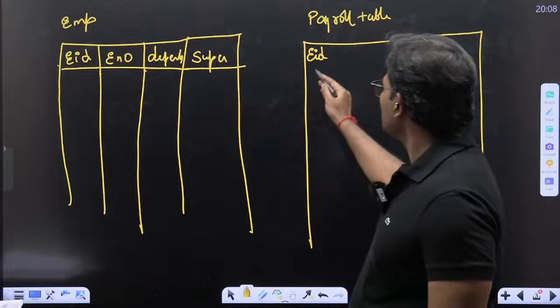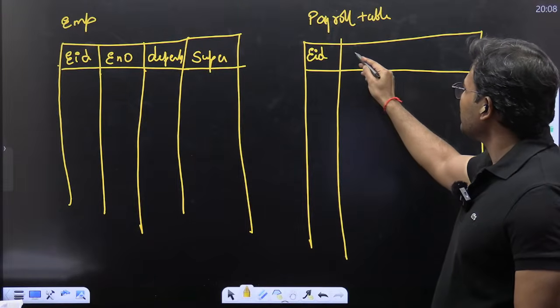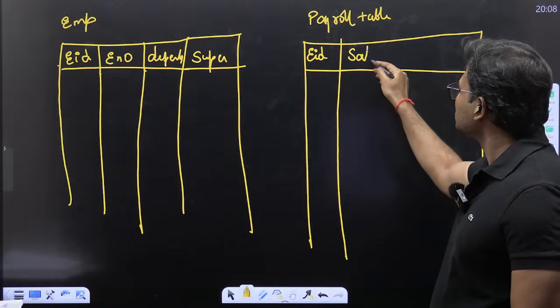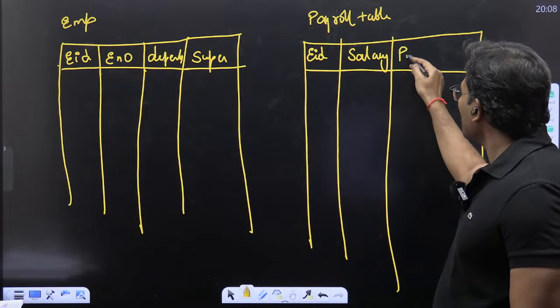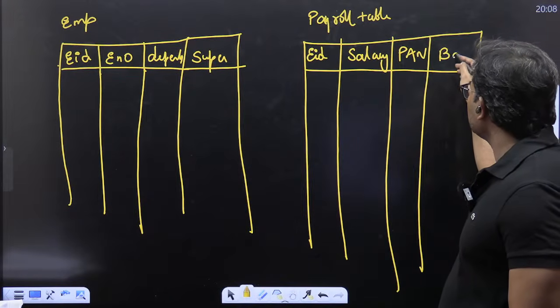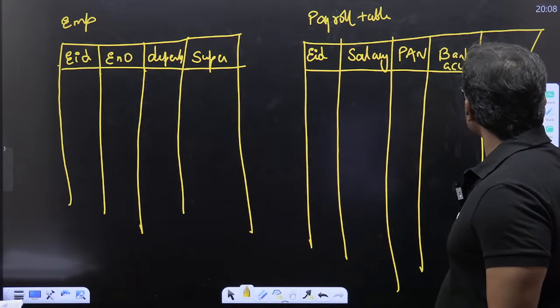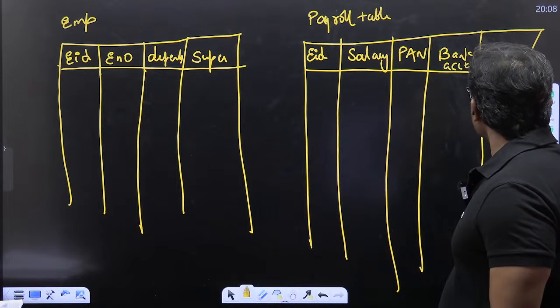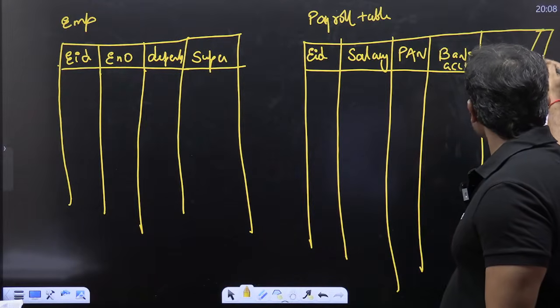In this payroll table, employee ID is given, and then the salary, and then PAN card, and then bank account details, and then IFSC code.